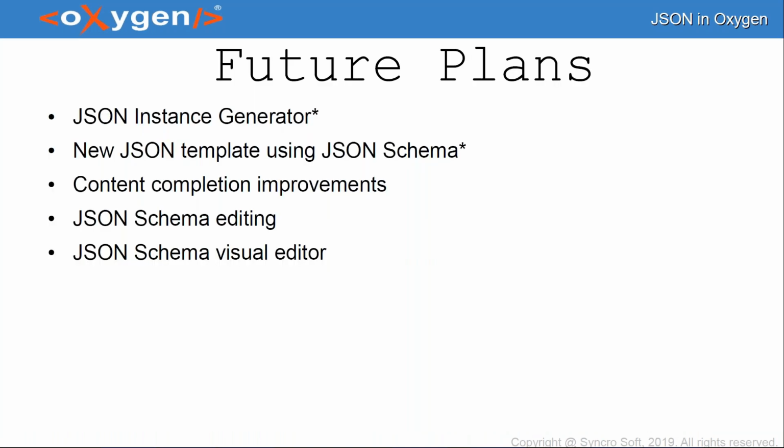So what we want to add in the next version is an instance generator that will allow you to generate sample files based on a JSON document schema. Then also to create a JSON template based on a JSON schema. We want to improve the content completion, also the schema editing support, and we are thinking also of creating a visual editor for the schema.